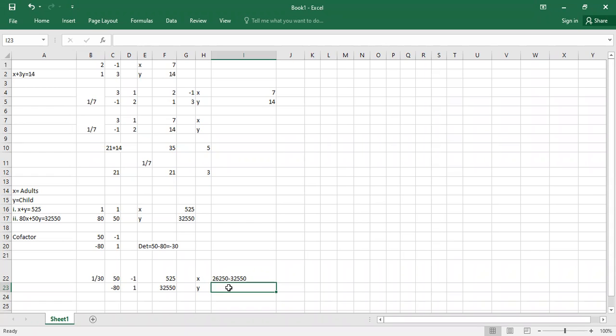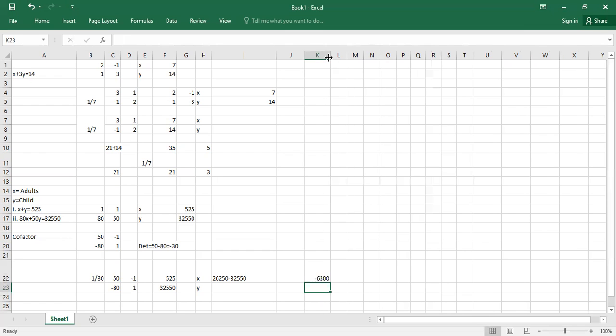What do you get? Negative 6,300. Yes. I remember we have our 1 over 30 outside, and it's a negative.